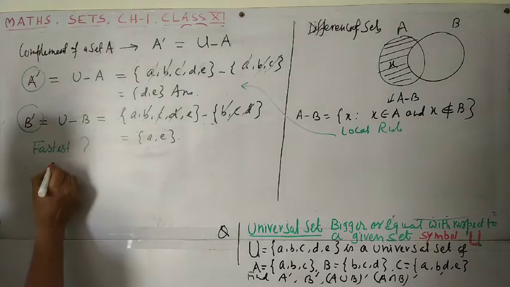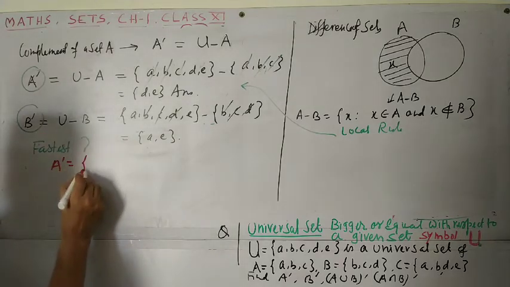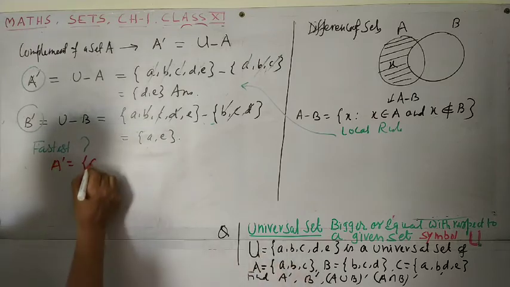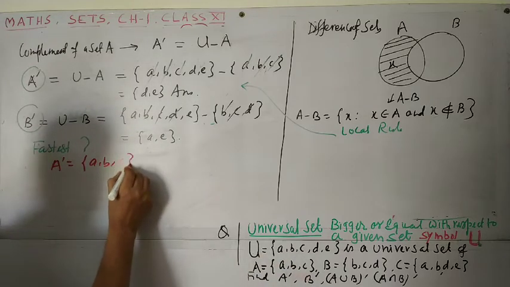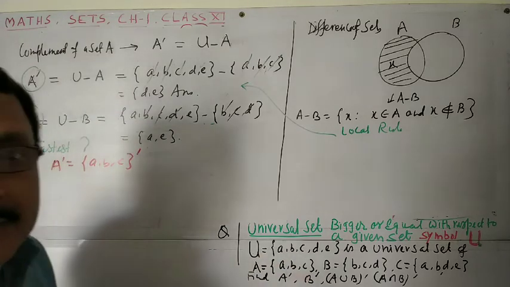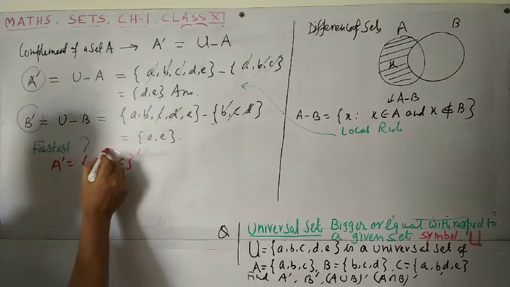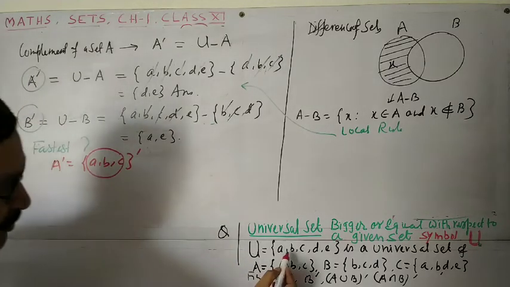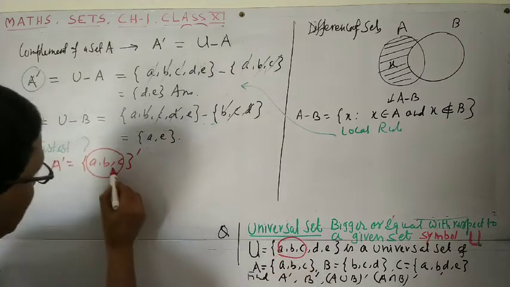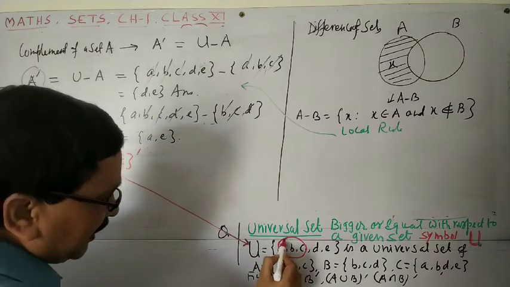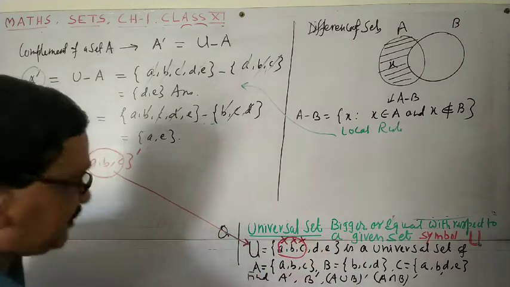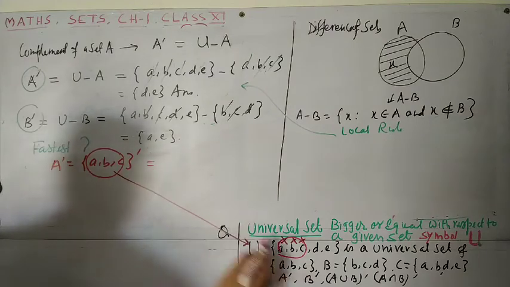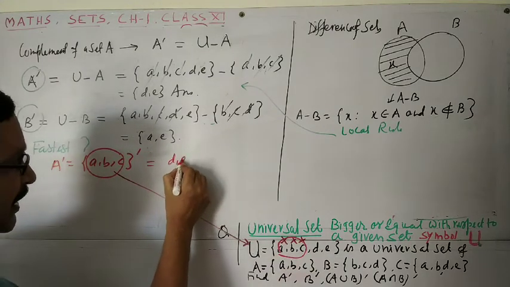A complement: just see, write A. A is {A, B, C}, and after that put the sign of complement. Complement means leave A, B, C from this. Go to this universal set and leave A, B, C, leave these, and the remaining will be D and E. So D and E is the answer.